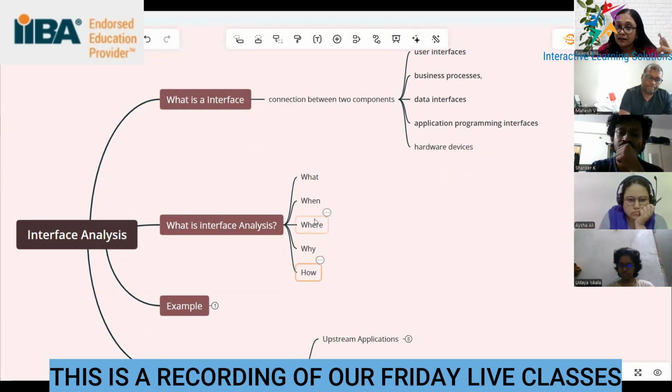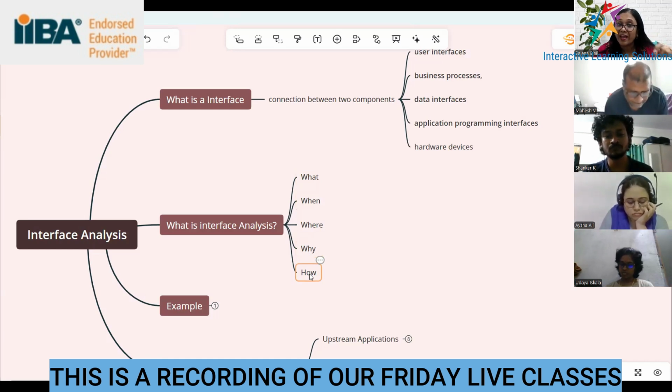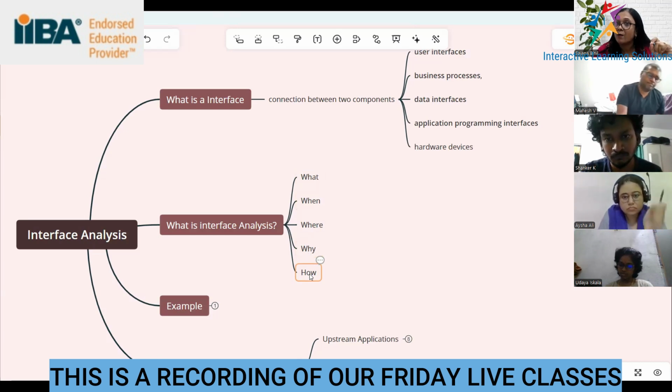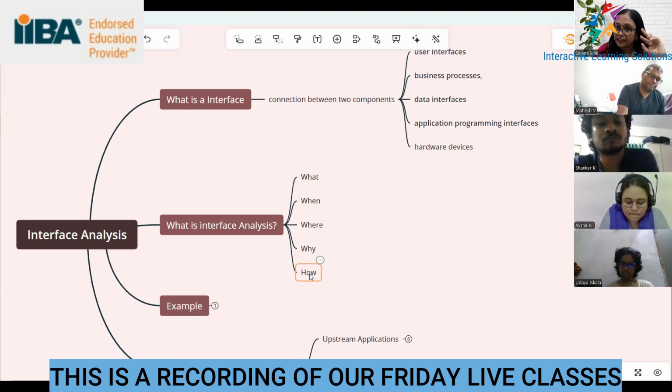So I call these the 5 Ws, the Ws that we have. Keep these Ws in mind, as well as the H, where you need to ask these particular questions and take notes as to what, when, where, why, and how the interfaces connect with each other, and the data is exchanged between each other. When I show you with the help of an example, you will understand this better.